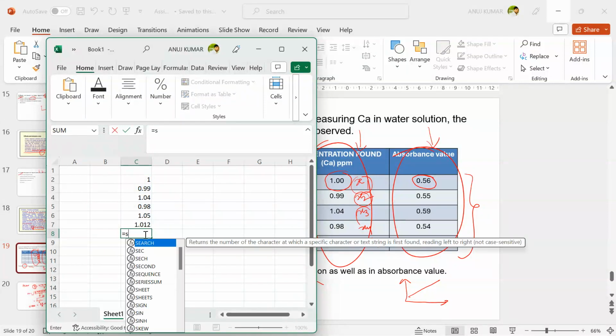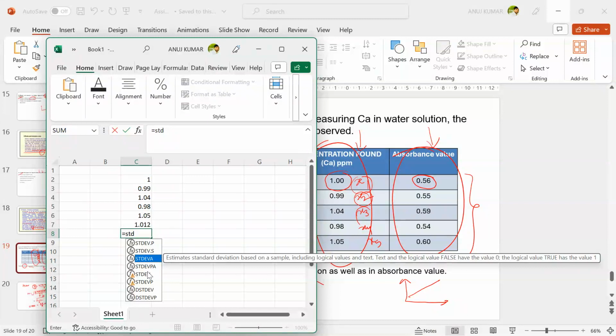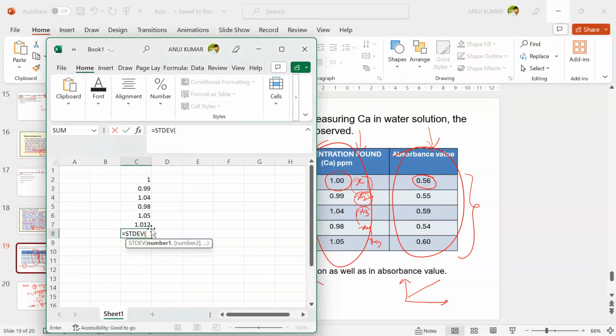And if I calculate the standard deviation, okay, and RSD will be this one divided by this one. This will be the RSD value, that is 3.077%, right?